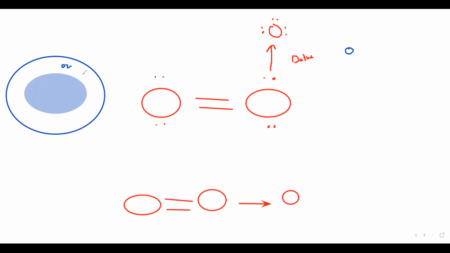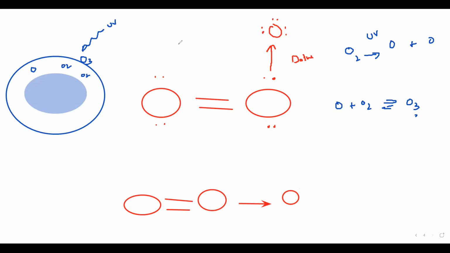Oxygen is there in the atmosphere, and due to UV light or ultraviolet light, homolytic bond breaking occurs and it forms oxygen atoms, and these oxygen atoms combine with another oxygen molecule to form ozone. So this ozone is formed due to the reaction between oxygen atoms which are produced by UV light, and this is how ozone is formed.